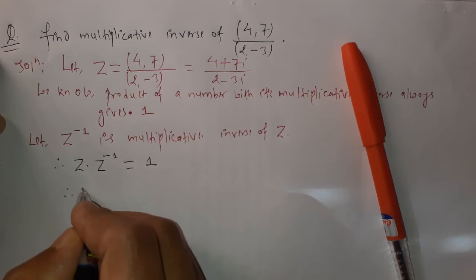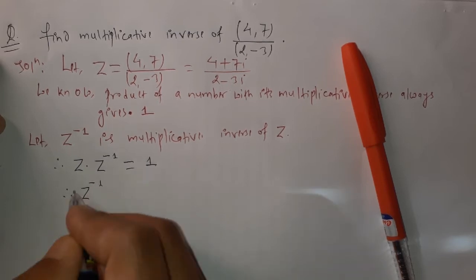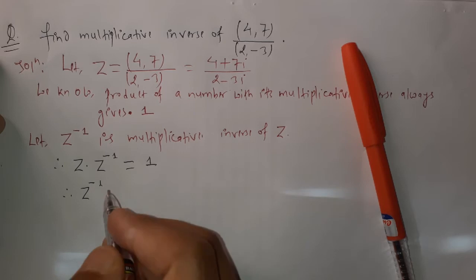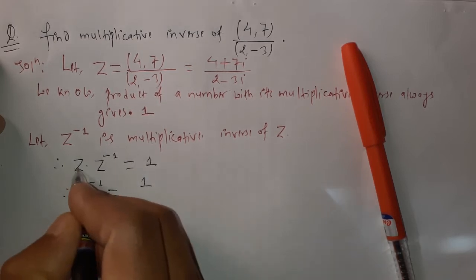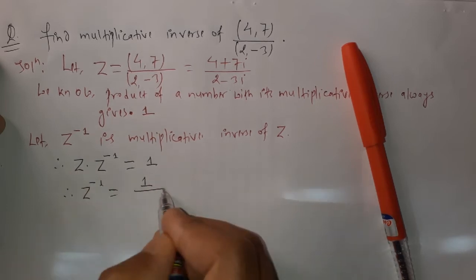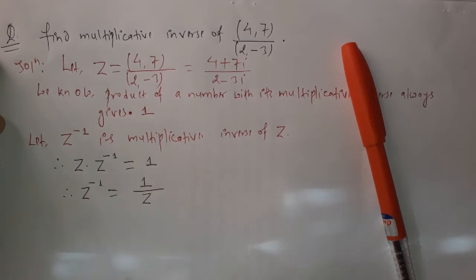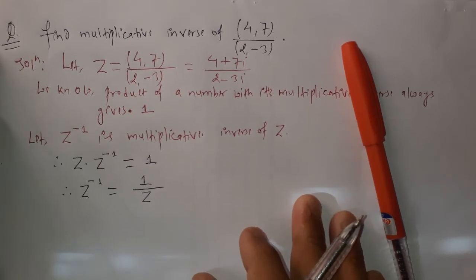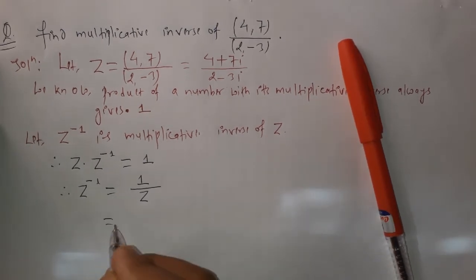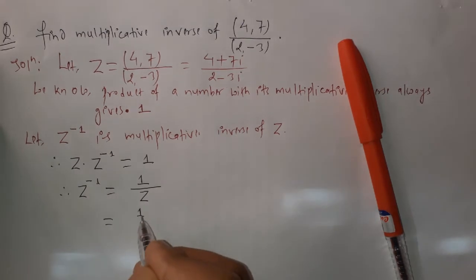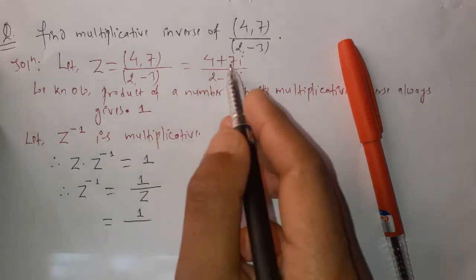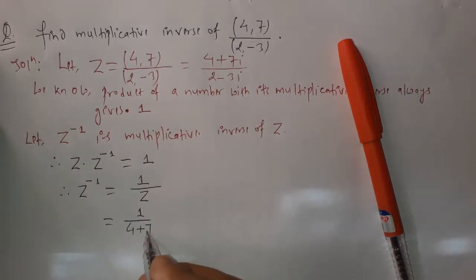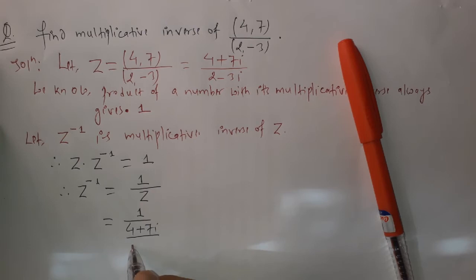Therefore, the value of z raised to negative 1, the multiplicative inverse of z, doing the cross multiplication and transposing z to the right hand side, is 1 over z. Now substituting the value of z, this is 1 divided by 4 plus 7i further divided by 2 minus 3i.